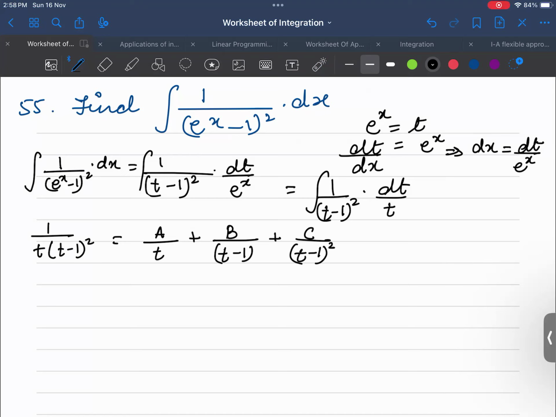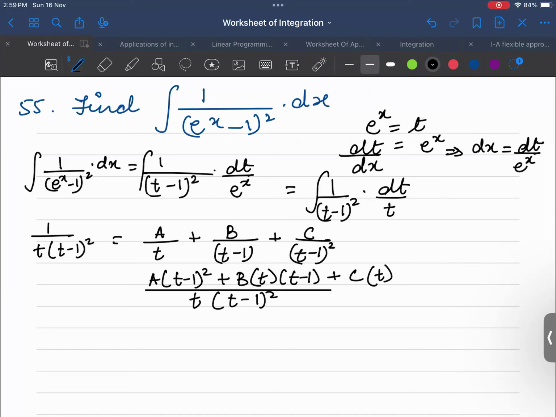I think it's clear. Again, take the LCM: t and (t minus 1) whole square. It would be a (t minus 1) whole square plus b t (t minus 1) plus c t.